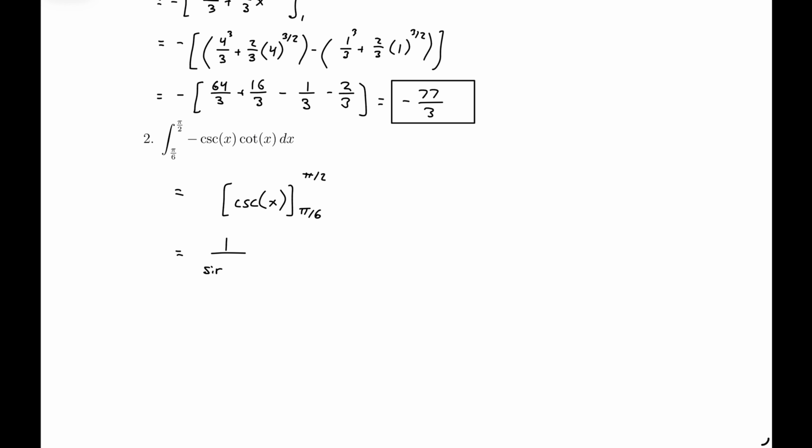So I'll have 1 over sine pi over 2 minus 1 over sine pi over 6. And sine of pi over 2 is just 1, so 1 over 1 minus 1 over sine of pi over 6, that's 1/2. This is the same as 1 minus 2, which is negative 1.